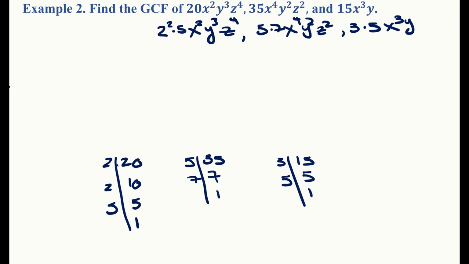We recall the procedure for finding the GCF, which is to multiply the lowest powers of only the common factors.